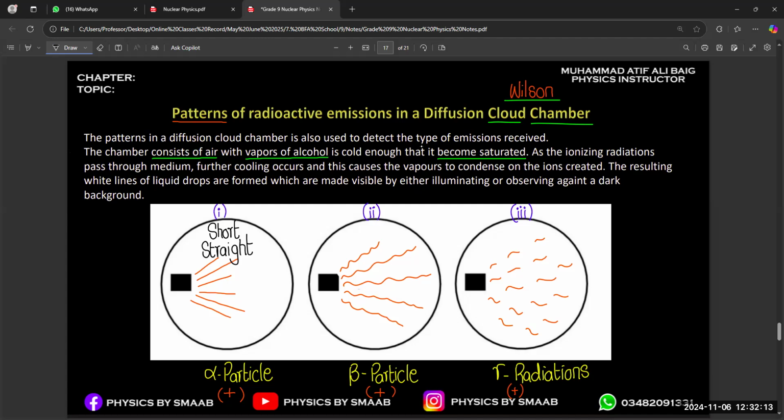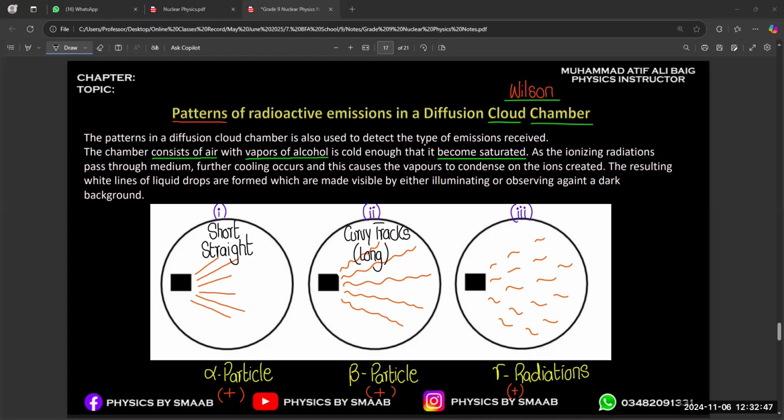Secondly, we have long traces and those are completely curvy tracks. So we are getting long curvy tracks. And in the third one, there is a gap between the traces, or these are curvy tracks but broken.